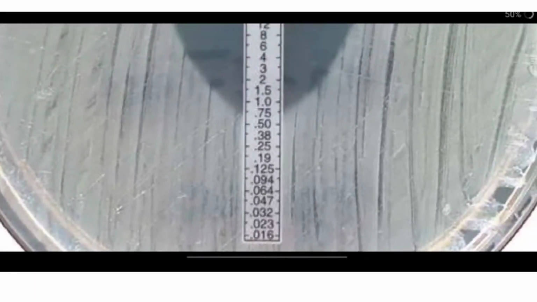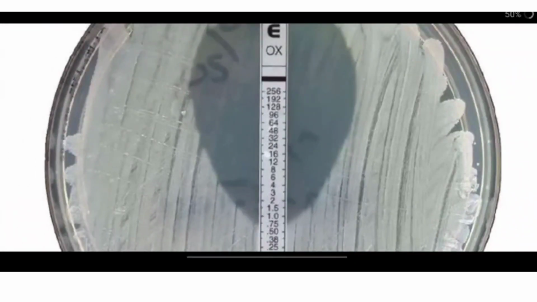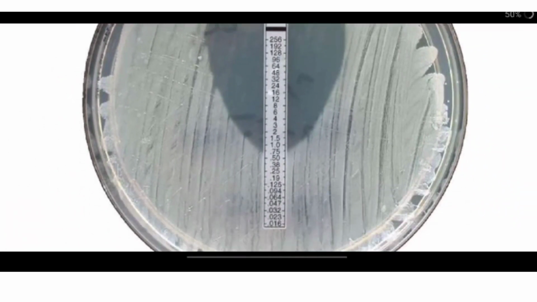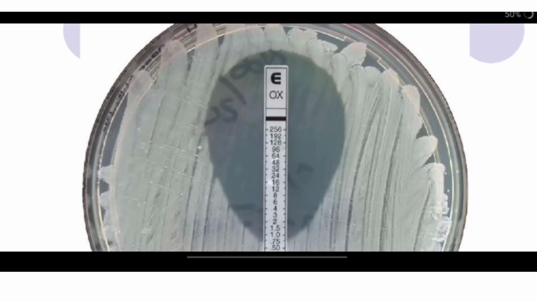See, here the antibiotic concentration starts from 0.016 microgram per ml, and it increases by its gradient. At last its concentration is 256. So the MIC here will be 0.75, because the elliptical formation is seen.